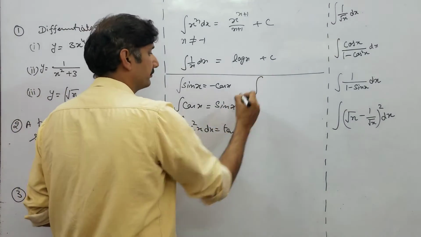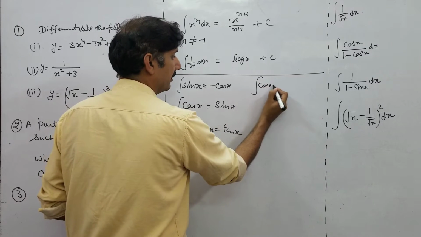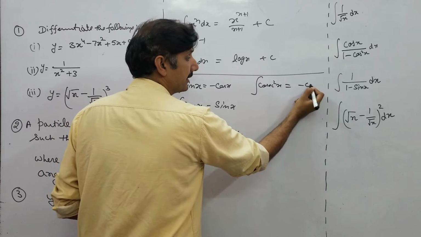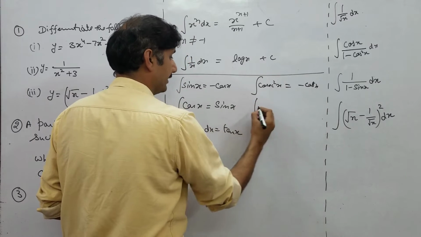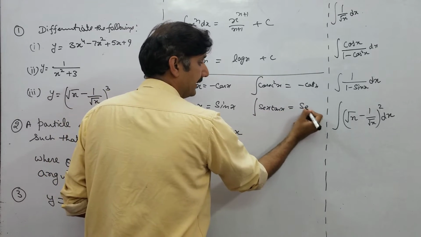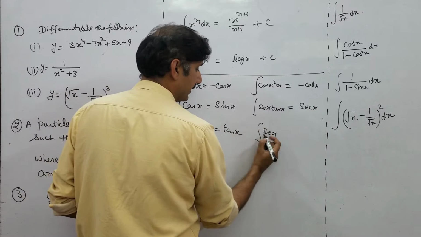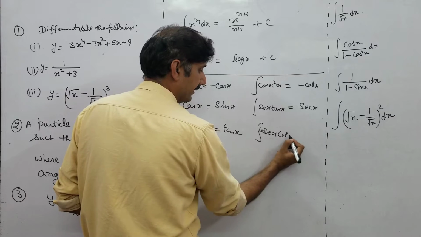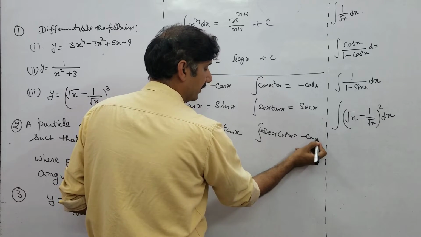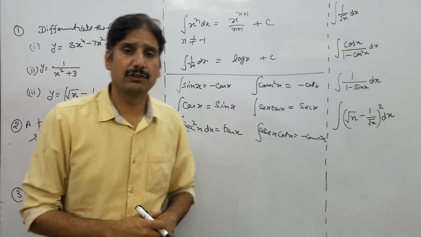Integration of cosecant square x is minus cotangent x. Integration of secant x tangent x is secant x. Integration of cosecant x cotangent x is minus cosecant x. These are the 6 formulas for trigonometric ratios.